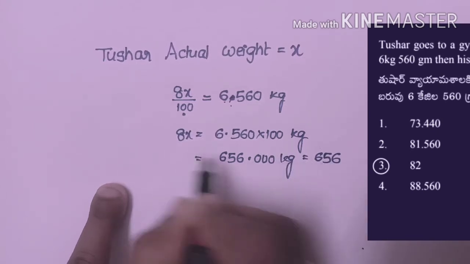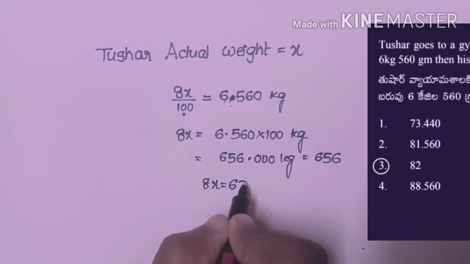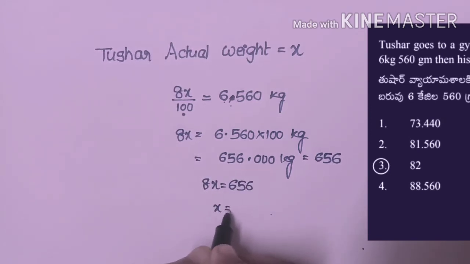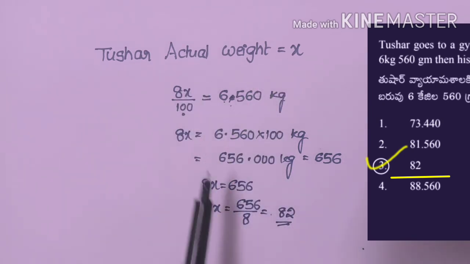So 8x is equal to 656, which means x is equal to 656 by 8, that is equal to 82. That is the third option. This is the actual weight of Tushar.